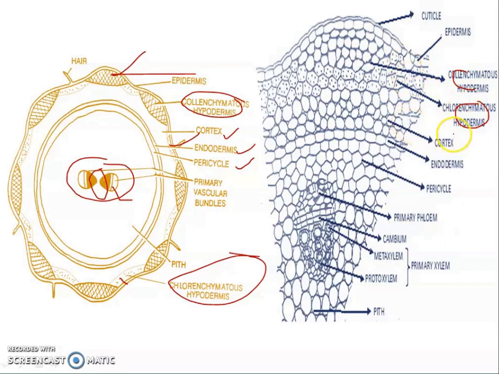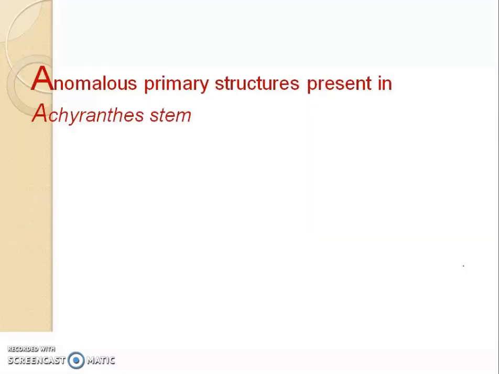Further, cortex is chlorenchymatous and collenchymatous also. So in this case, xylem and phloem have the cambium in between. So this is the primary xylem present in the Achyranthes aspera.